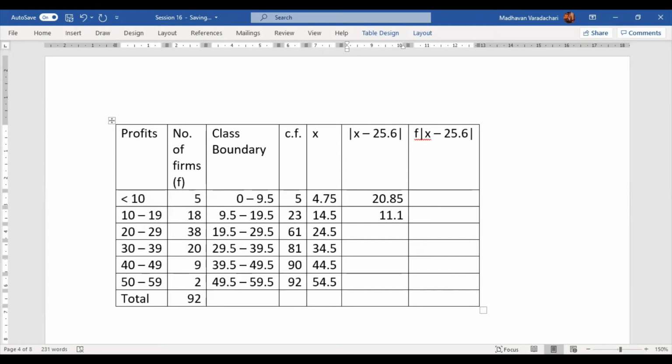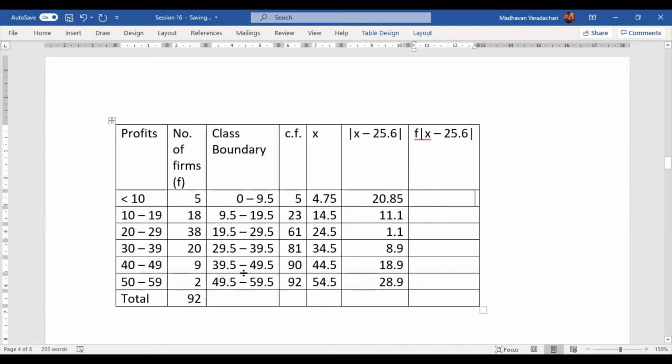The next one, 24.5 minus 25.6, you get 1.1. Next one, 34.5 minus 25.6, you get 8.9. Then next one will become 18.9. Next one will become 28.9. Let me check 54.5 minus 25.6. Yes, 28.9.